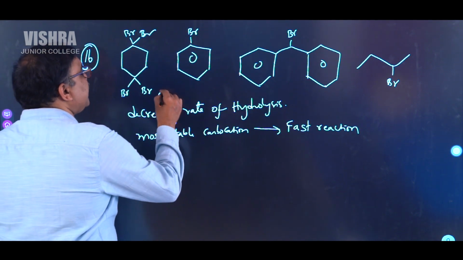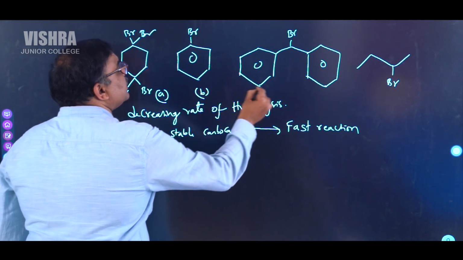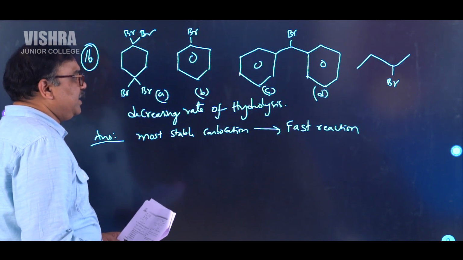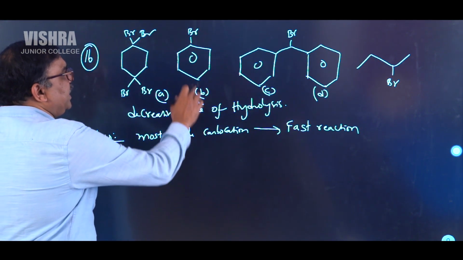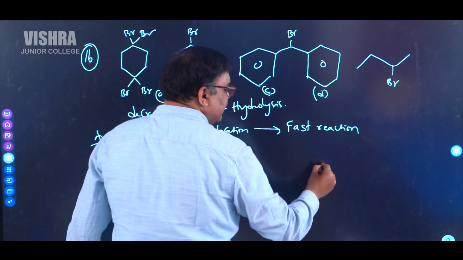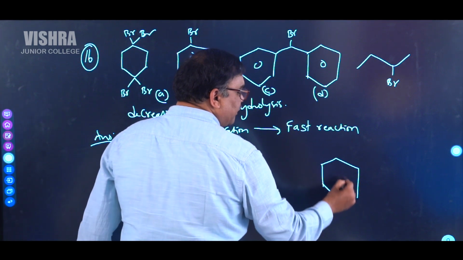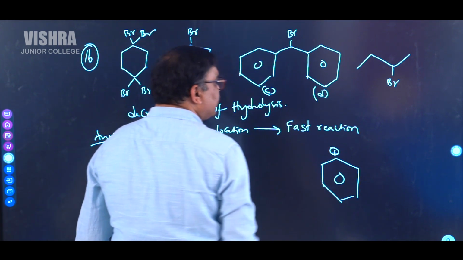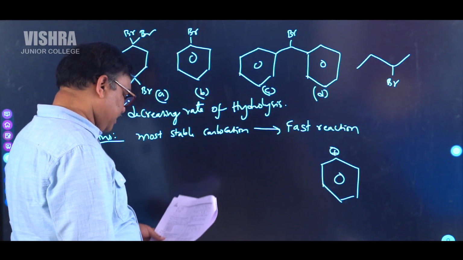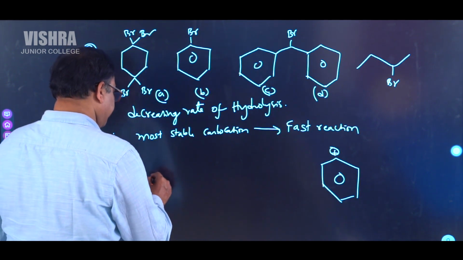Let us say this one is A, this one is B, this one is C, and this one is D. A, B, C, D. In that, B, when Br is taken, this one is a least stable carbocation. Phenyl carbocation is least stable. Then let us see the order.